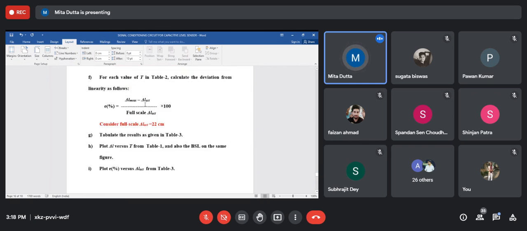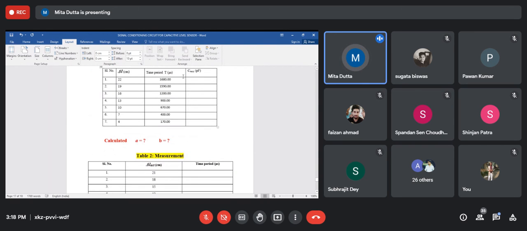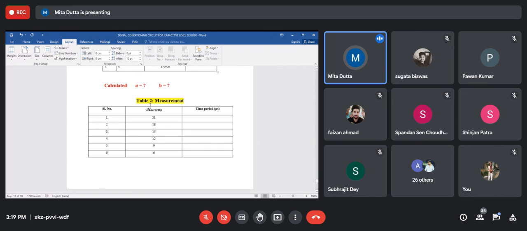Now in run 2, here you are going to measure C measured, and in table 2, the del L actual data have been given to you, and the time period you have to calculate.